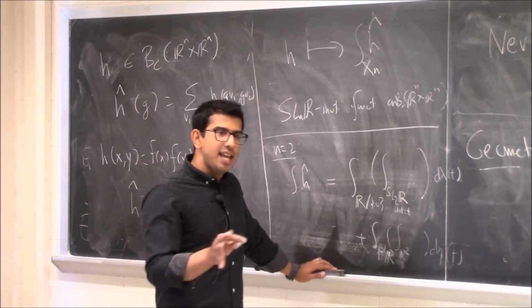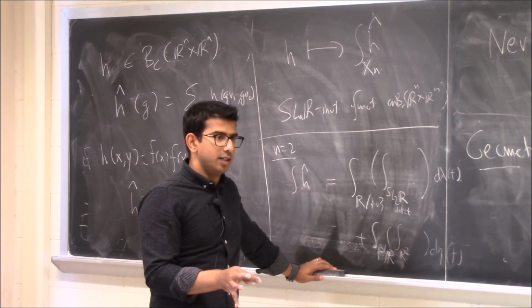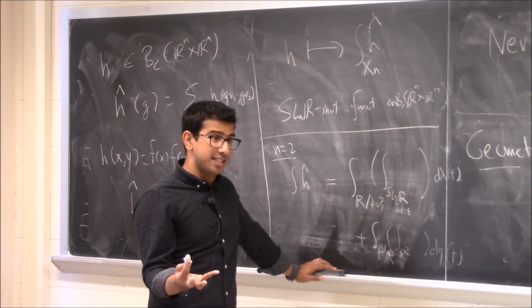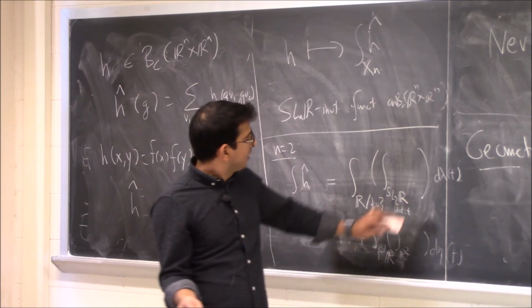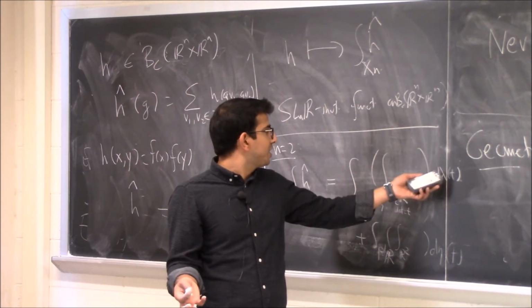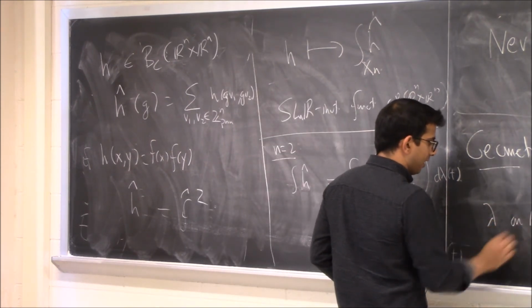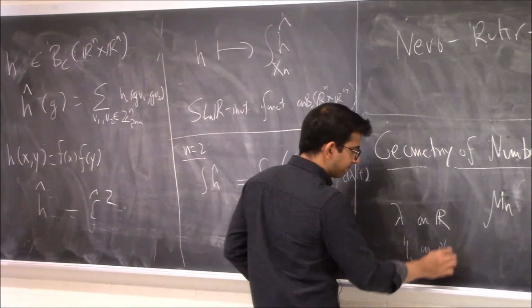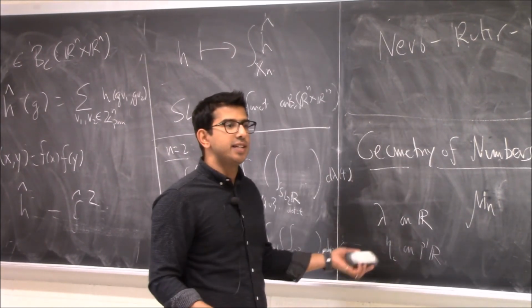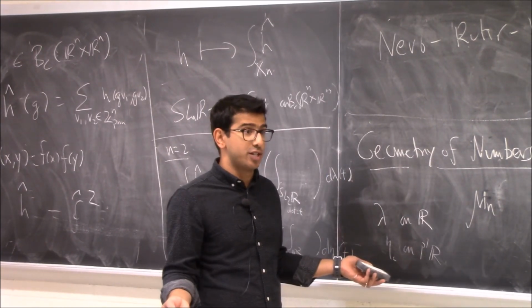So maybe the takeaway point from this talk should be, now that we're in L2 for a stratum, let's suppose, then there are these measures lambda and eta. Lambda is a measure on R, and eta is on P1(R), associated to the Masur-Veech measure on the stratum.